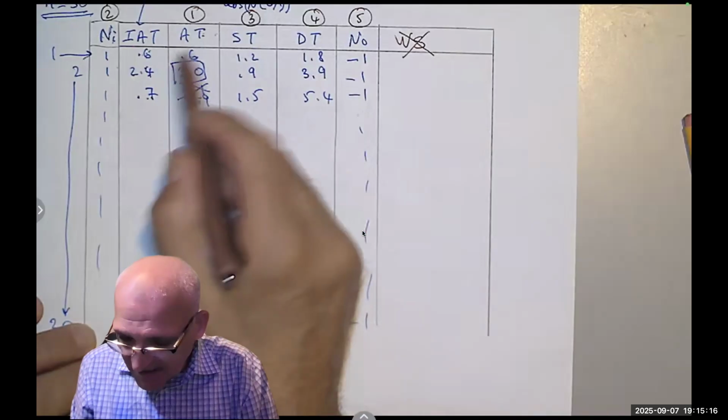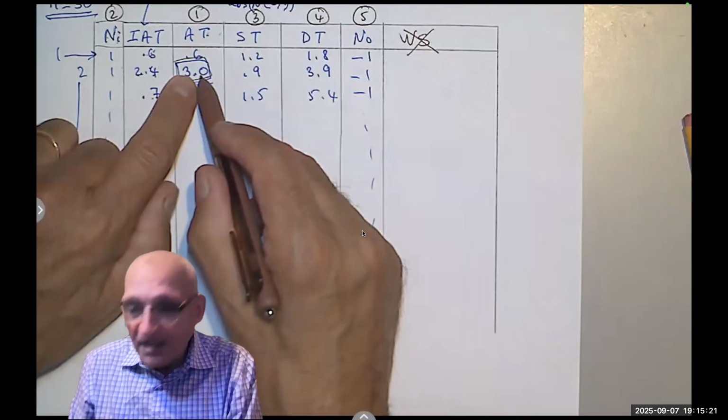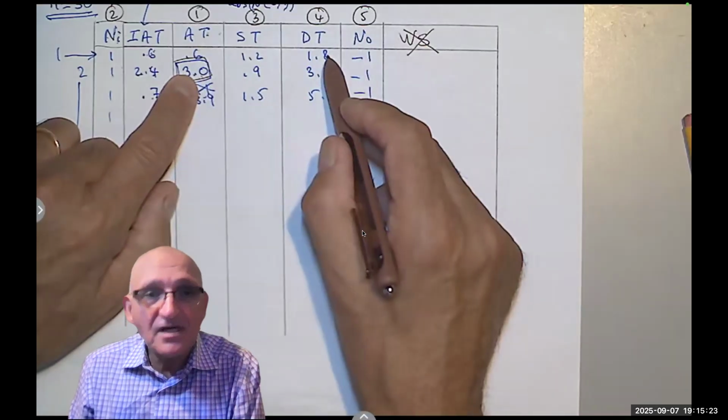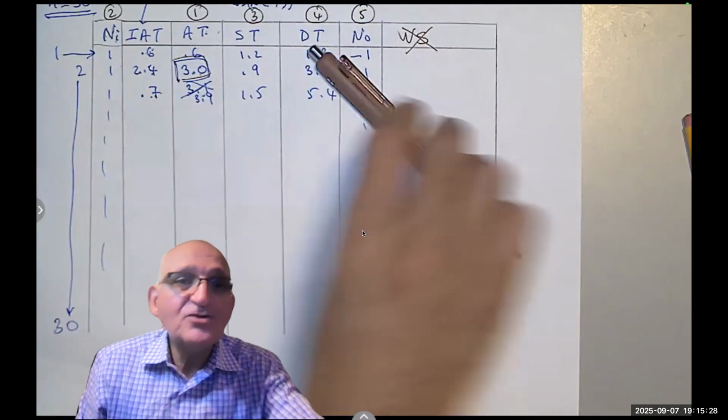Like 0.6 plus 0.4 will give me 3. But then I have to check the departure of the previous customer, and I take the maximum of these two. Okay? So that's what we are going to do.